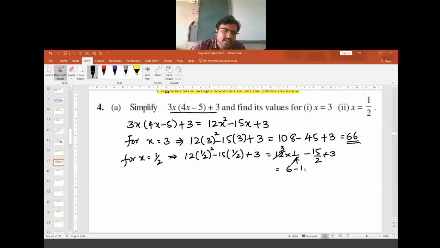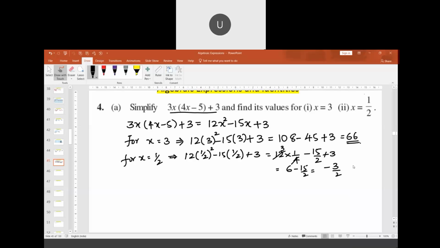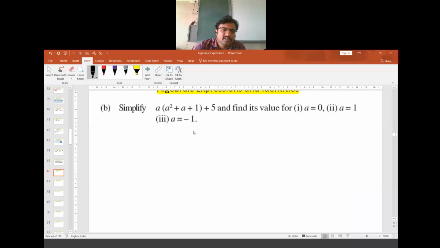So 6 minus 15 by 2. It should be simplified, 7.5, so we get minus 1.5, minus 3 by 2. Because LCM is 2, it becomes 12 minus 15, which is negative 3. Minus 3 by 2.